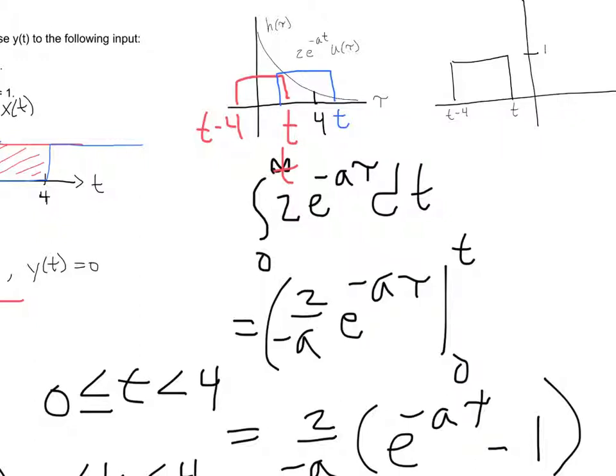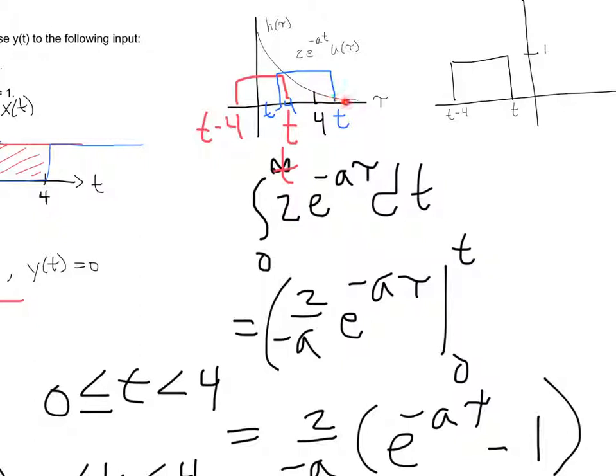It's greater than or equal to 4, and then this is t minus 4 right there. We've shifted it. And we want to keep going with it, with t this way, until this hits this point. And if it goes past that point, there's no overlap, so the convolution does not exist past that point.